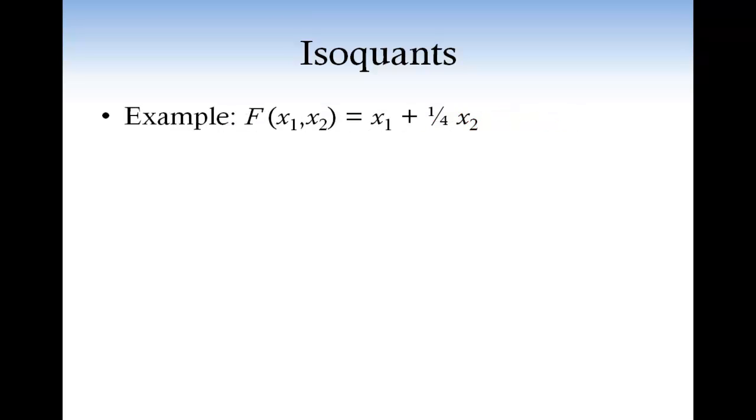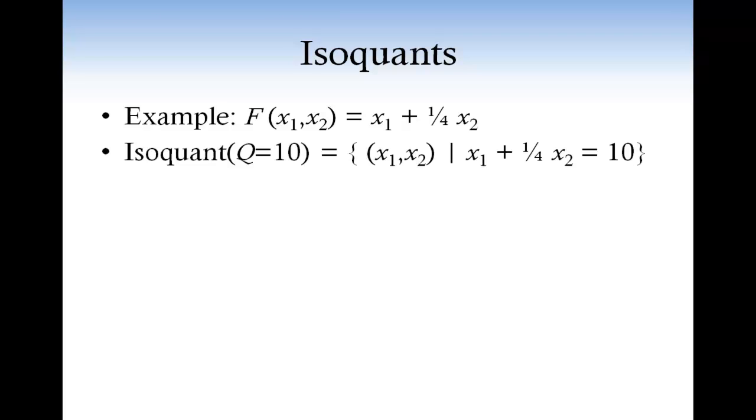For example, with the production function f(x1, x2) equal to x1 plus 1/4 x2, the isoquant associated to output Q equal to 10 is given by all the combinations of inputs that produce exactly 10 units of output.